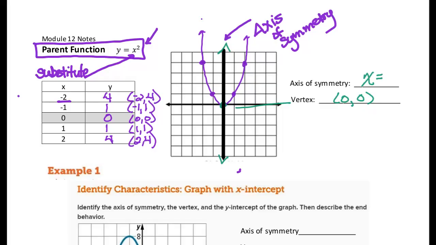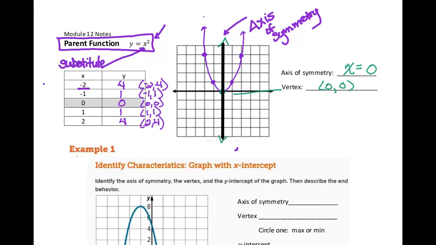What is the equation of that line? X is equal to what? What is the x coordinate of the vertex on that line? So it is x equals 0. The y-axis, the equation for that is x equals 0.